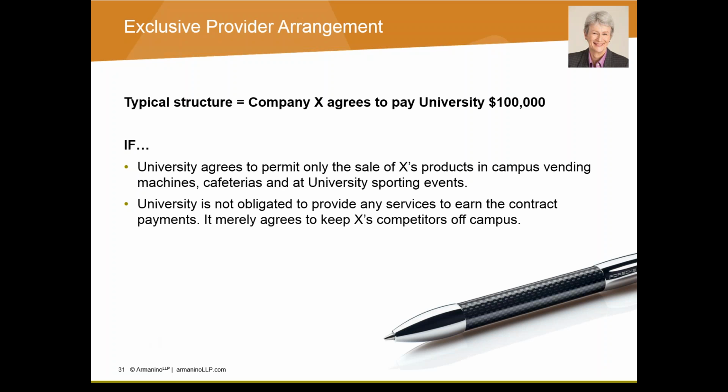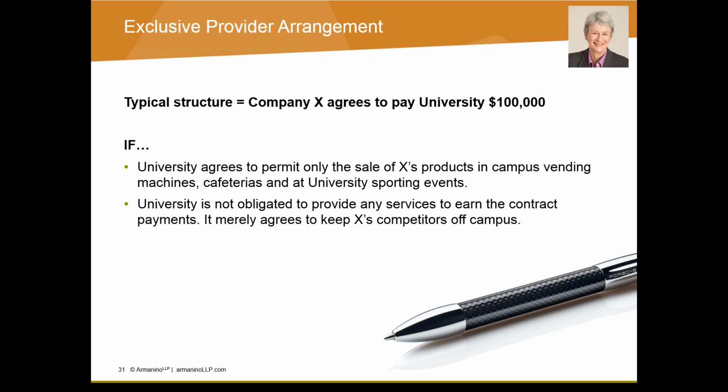Company C agrees to pay exempt organization U, and in this case a university. So this for-profit company agrees to pay the university some amount of money if the university agrees to permit only the sale of C's product in campus vending machines, cafeterias, snack bars, and at sporting events.